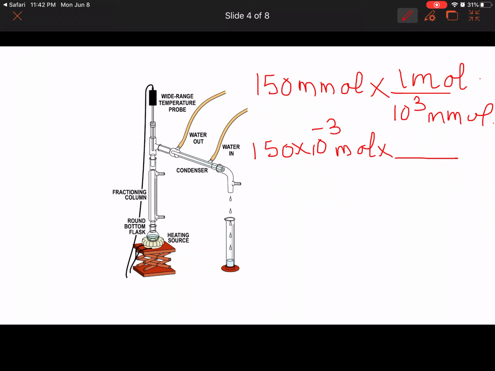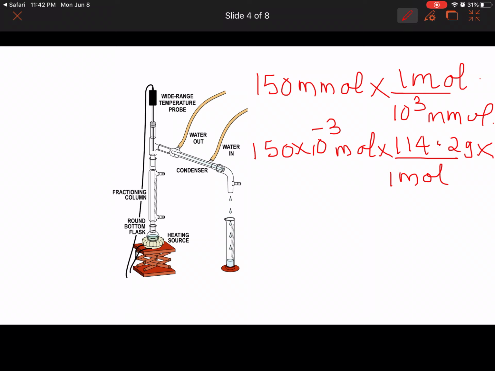And then we need to convert it to grams. In order to convert that, we need to know the molar mass of methyl cyclohexanol. One mole of methyl cyclohexanol has a molar mass of 114.2 grams.